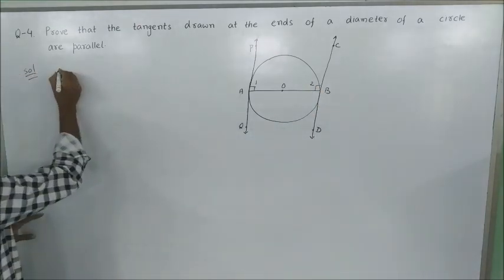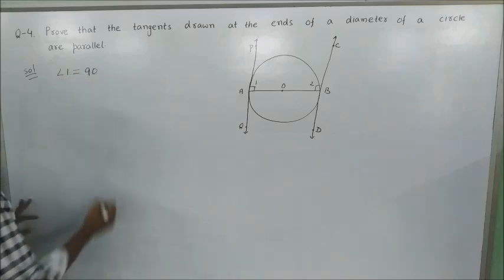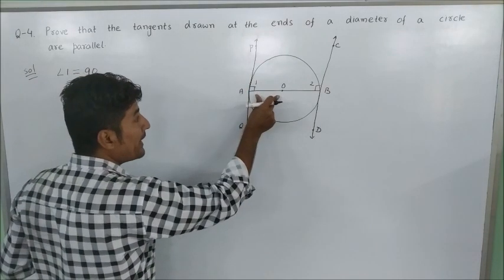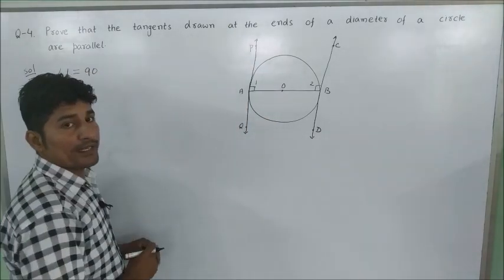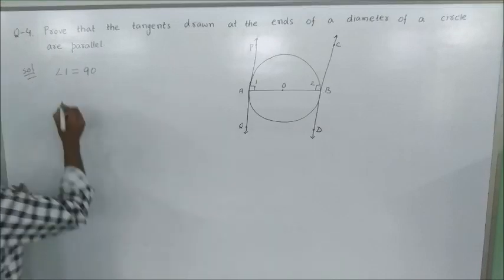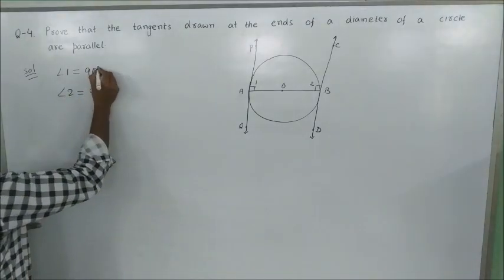So angle 1 equals 90 degrees because OA is the radius and PQ is the tangent. The radius is always perpendicular to the tangent. Similarly, angle 2 is also 90 degrees.